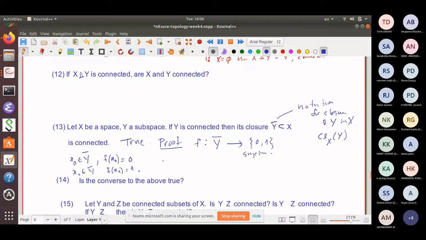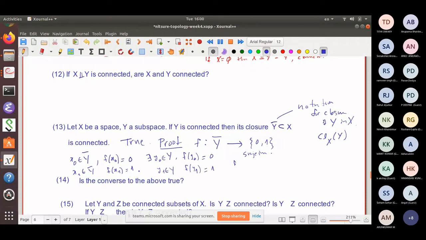But then in a neighborhood of x0, because it's a discrete thing, in the whole neighborhood of x0 the value is 0, and in the whole neighborhood of x1 the value is 1. Any neighborhood of x0 contains a point of Y because x0 is in Y bar, the closure of Y. So you can approach it via points which are in Y. So there exists y0 belonging to Y such that f of y0 equals 0 and y1 belonging to Y such that f of y1 equals 1.